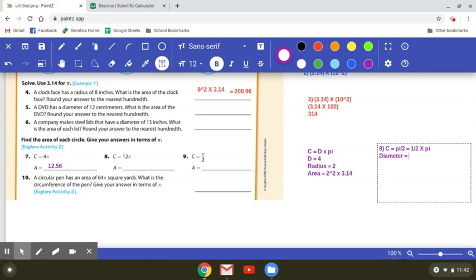So that means the diameter's got to be 1/2. Half of a half, if you have 50 cents and you split it in half, half of a half is a quarter. So that means the radius is 1/4. All right? So then the area is equal to 1/4 squared times 3.14.